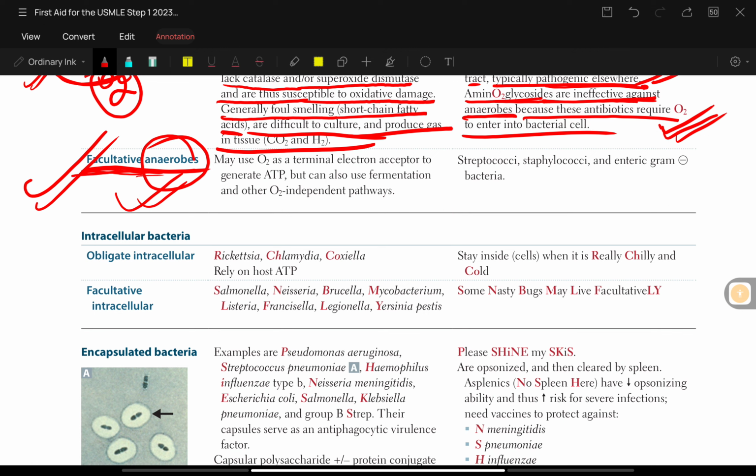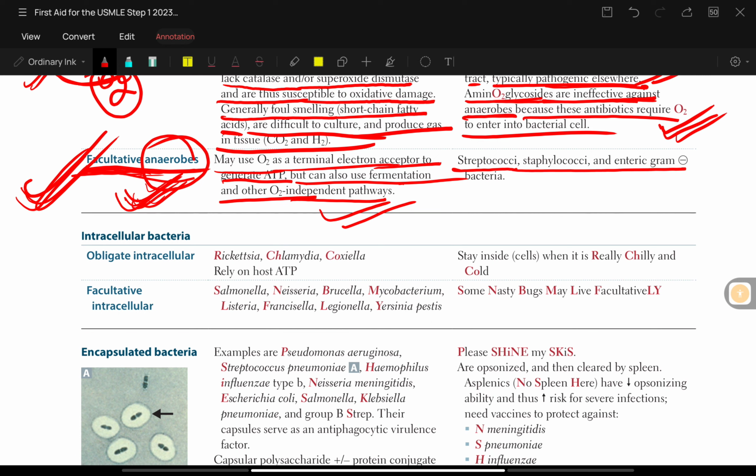They may use O2 as a terminal electron acceptor to generate ATP, but can also use fermentation and other O2 independent pathways. So if O2 is present they may use O2 also, so they are known as facultative anaerobes. Examples are streptococci, staphylococci and enteric gram negative bacteria.